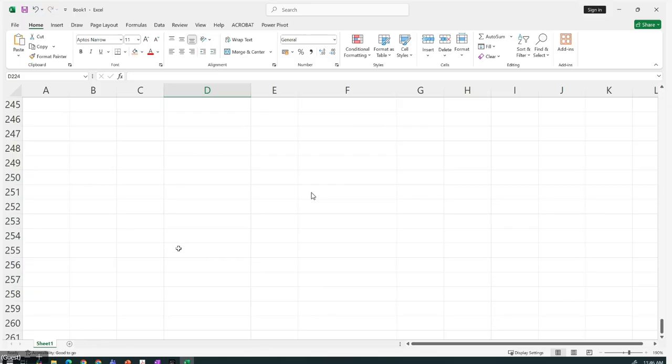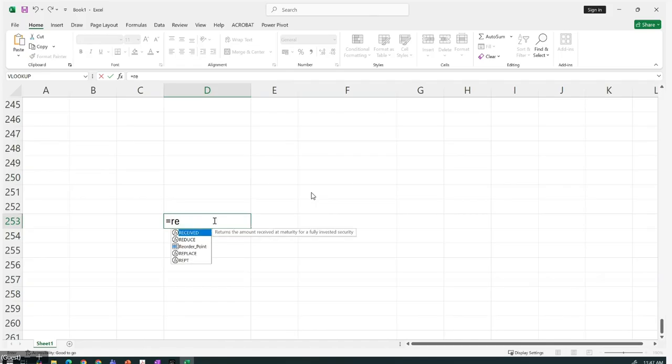Instead, now what you can directly do is type equal to, and let's say I gave the range name reorder point. I can just start typing reorder point. You can see it is coming here. Press tab, and I can directly use reorder point without scrolling. I hope you understood the advantage, right?